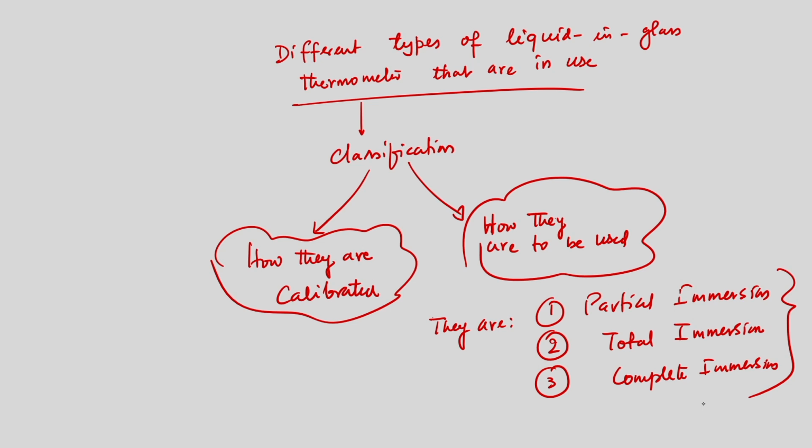These are the different classes by which we can classify the liquid in glass thermometer. We should know a little bit about these three types, and then we will go to see another mechanical type. If we talk about partial immersion, I will write in detail.